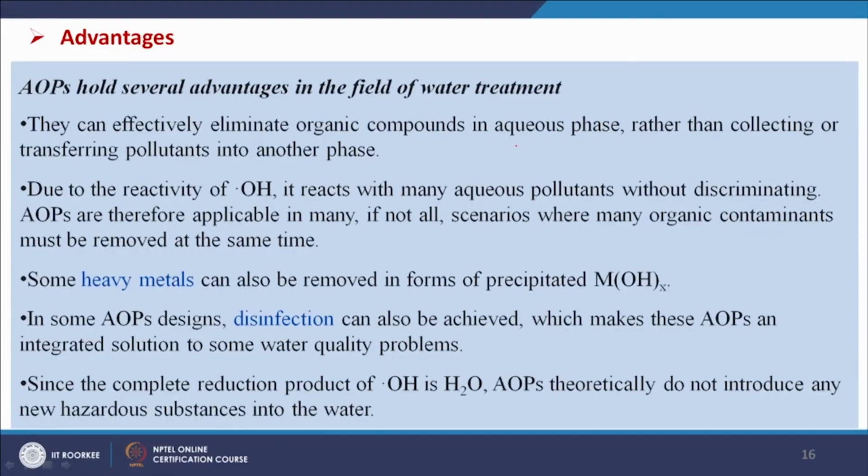Basically, the organic compounds are being oxidized to CO2 and H2O, so secondary pollutants are not being generated. They can effectively eliminate organic compounds in the aqueous phase rather than collecting or transferring pollutants into another phase.